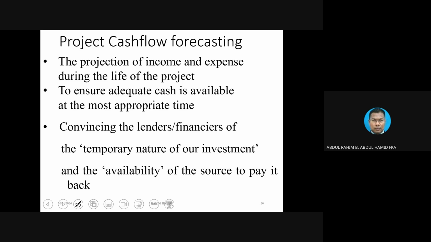Okay, project cash flow forecasting. This is the one that we are going to learn: the projection of income and expenses. When we talk about project cash flow forecasting, we are referring to the construction project, meaning it is very similar to the contractor's cash flow. We are not going to bother about client cash flow.